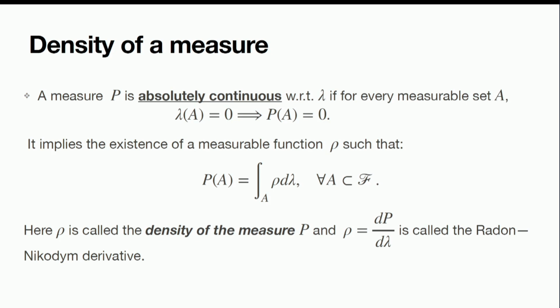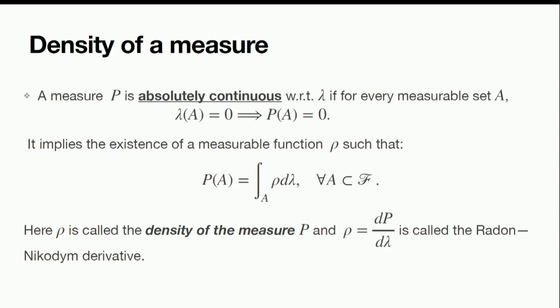So I'll ask a measure to be absolutely continuous with respect to a given other measure lambda. And this is satisfied if for every measurable set A in F, so F is a sigma algebra, lambda of A equals 0 implies that P of A, so the measure P of A, is equal also to 0.